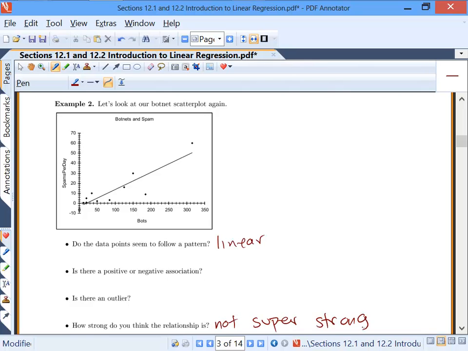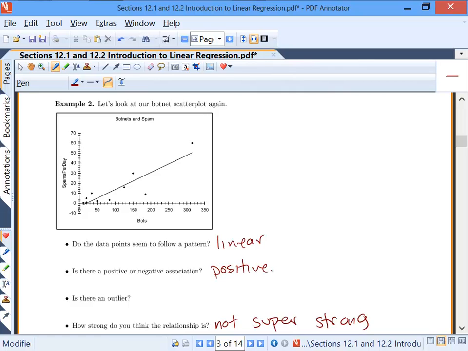I think it could be linear enough, but it's not necessarily really strong. The points aren't really all that close to the line. Is it going up or down though? Up. It is a positive slope, so positive association.